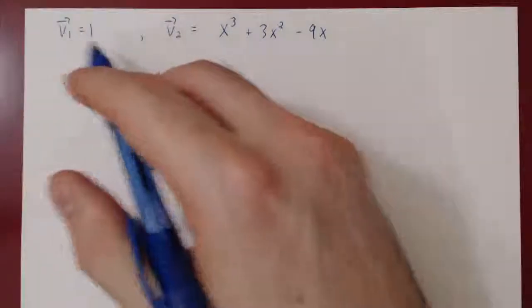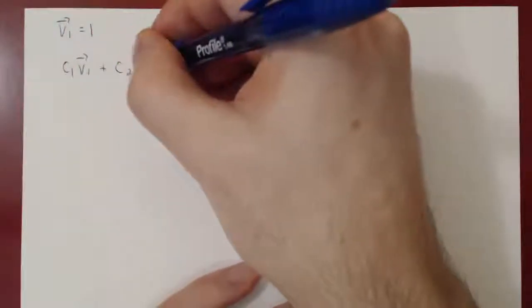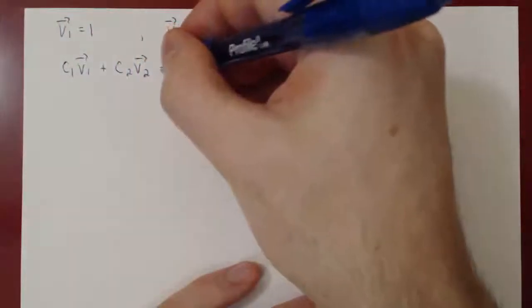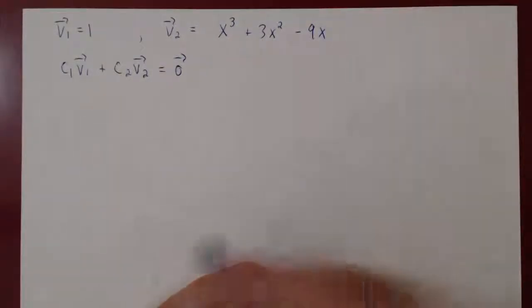And so we want to prove that these are linearly independent, so we consider as always a linear combination of our vectors giving the zero vector, and we want to prove that this equation has only the trivial solution.